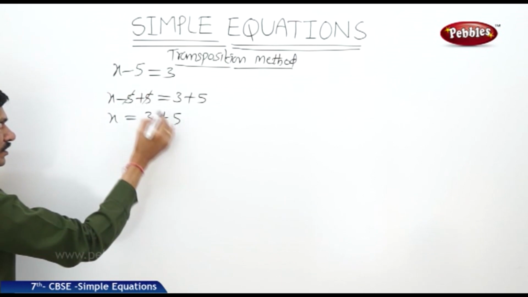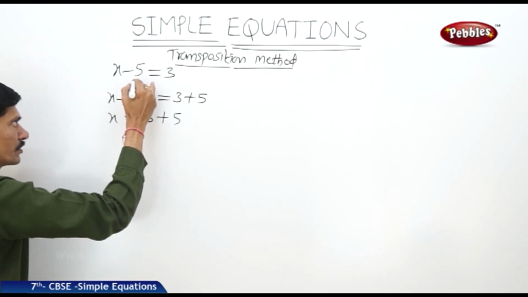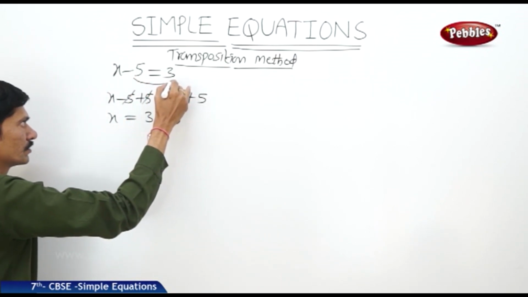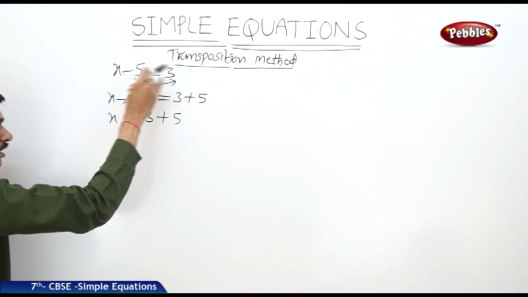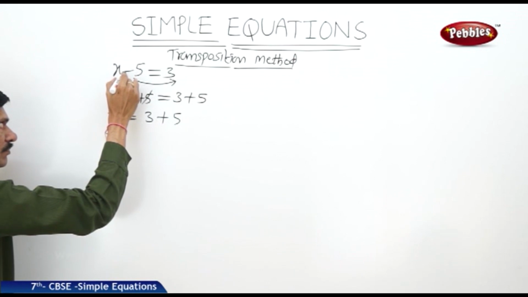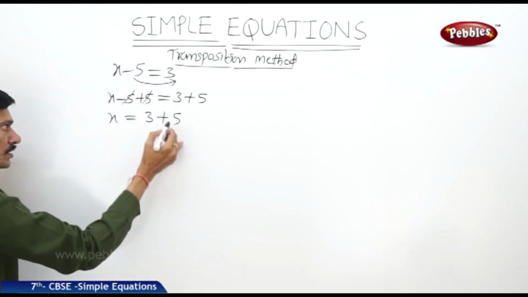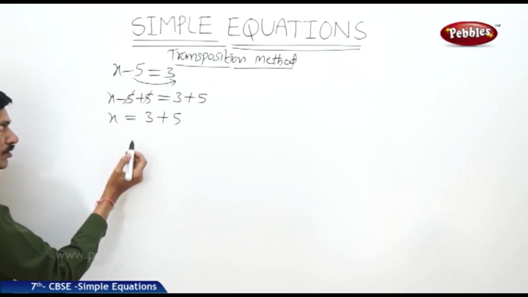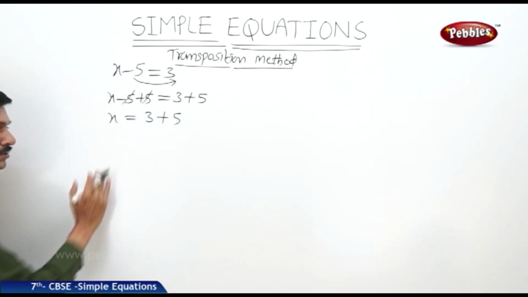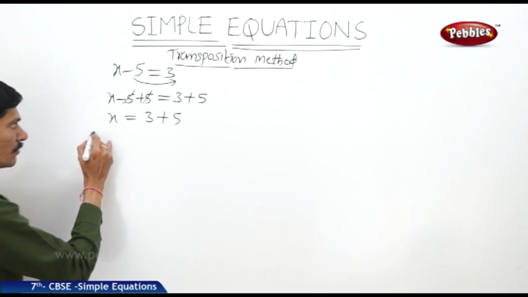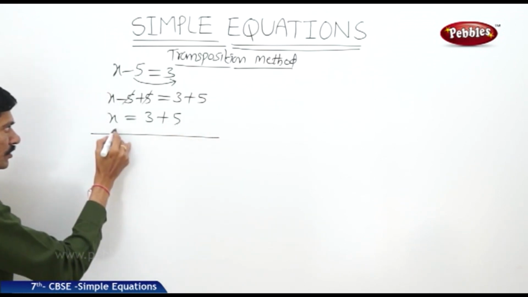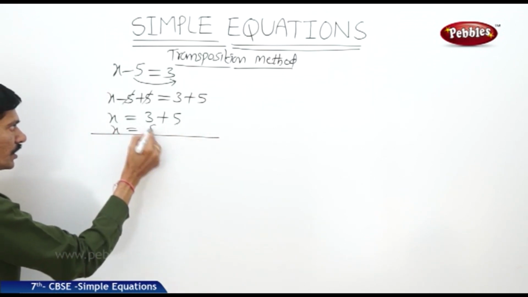So here minus 5 is moved from LHS to the RHS, meaning it is shifted from LHS to the RHS. Then the sign of the minus 5 is changed to plus 5. So when you transpose any term from one side to the other side, you have to change its sign. So we get x equals 8.